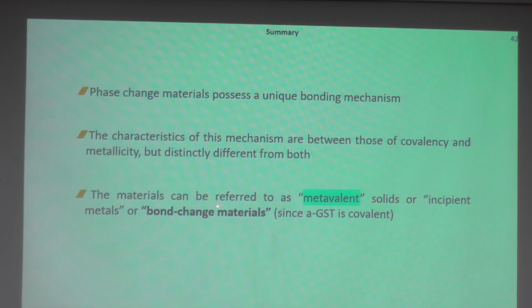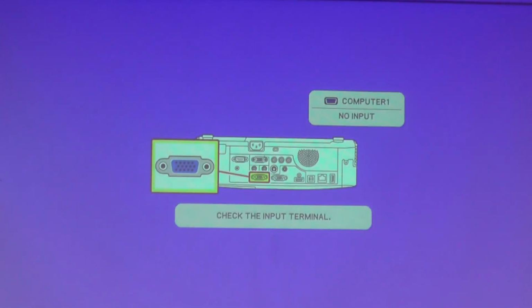And these materials can be referred to as metavalent solids or incipient metals or bond change materials, since amorphous GST is simply a covalent material. So phase change materials have a unique bonding mechanism, different from other solids.